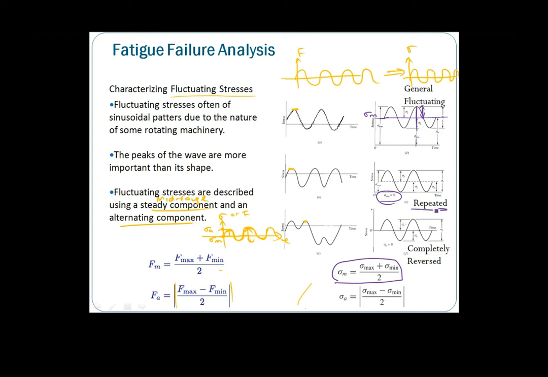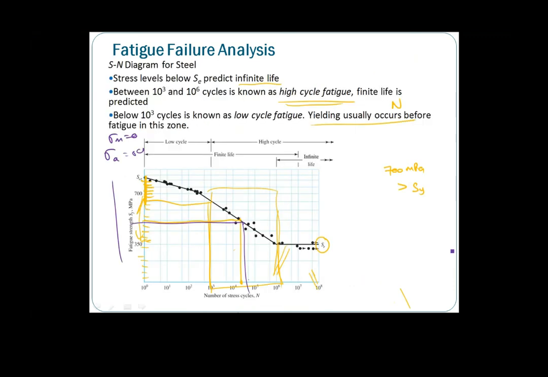So if you have your sigma M equal to 0, that is where we have your completely reversed stress. This is very common. This completely reversed stress is used experimentally to determine the SN curve that I mentioned to you.